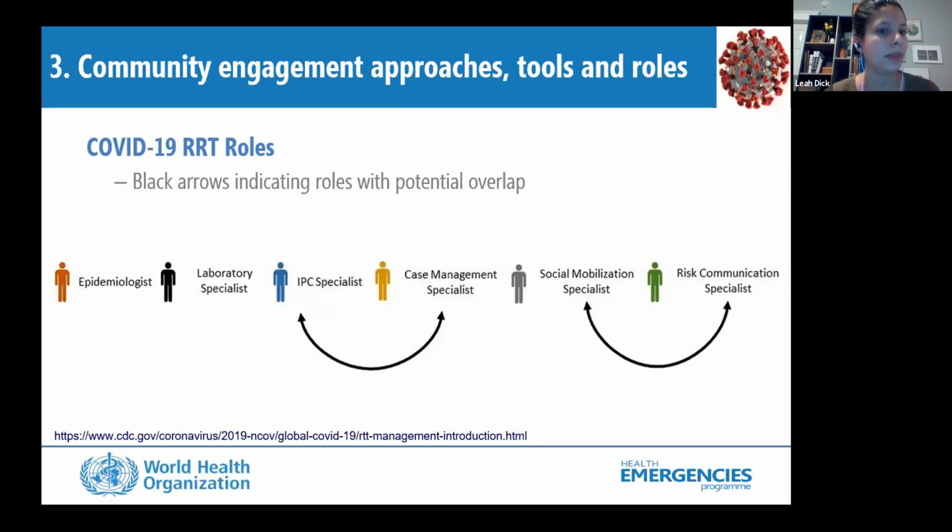But that's not the only place that risk communication and community engagement should show up in our work. In a response like COVID-19, where time is incredibly urgent, if lab results aren't getting out to communities for two weeks, then that lab work just goes out the door. So we need to make sure that we're engaging with the communities in all aspects of our work. Next slide, please.